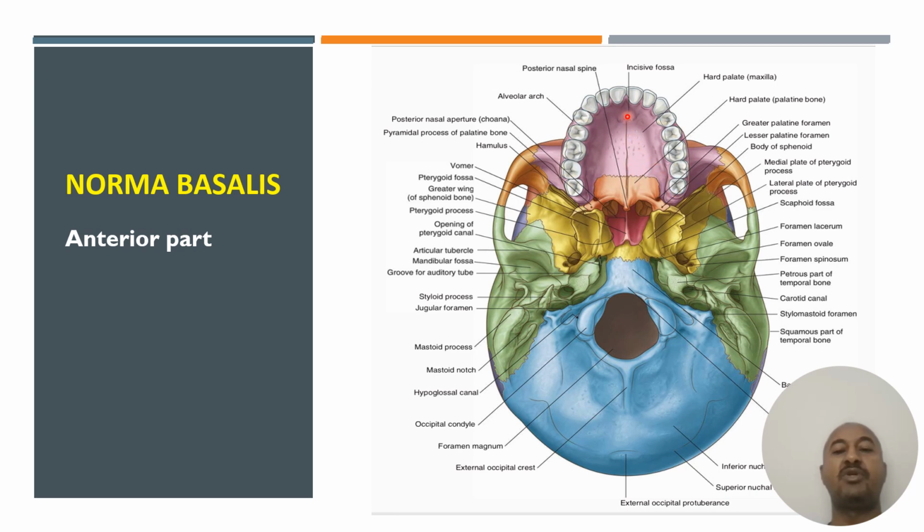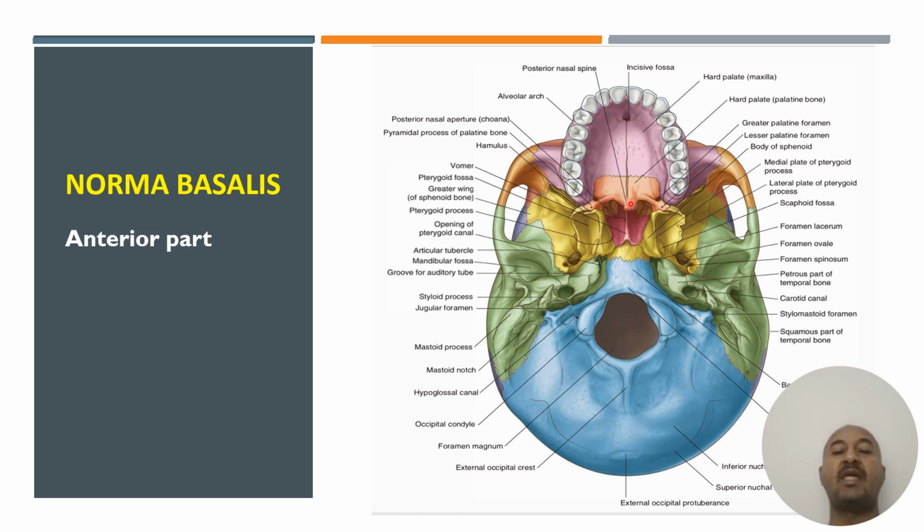We have an important opening here, which is the incisive foramen. We will look at it in a minute. We talk about how it allows communication, the passage of arteries and veins between the roof of the mouth and the nose.